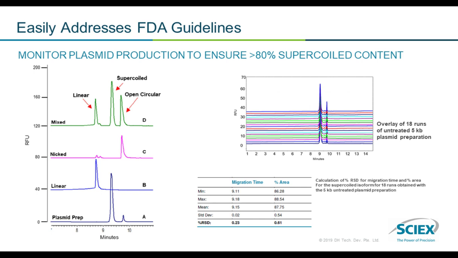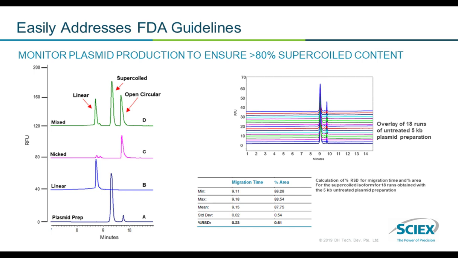If you use an enzyme which just cleaves a single strand, you get a nicked plasmid, which is the open circle, and these minor peaks are impurities within the enzyme which linearize the plasmid a little bit. This is the nicked plasmid peak here, and this is a mixture. So that's how you come to know this is your supercoiled peak right here, and this is your open circle peak.